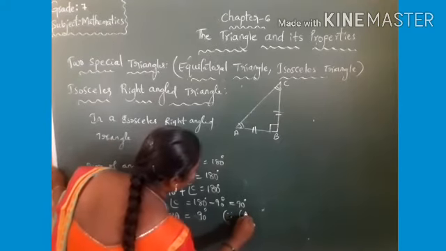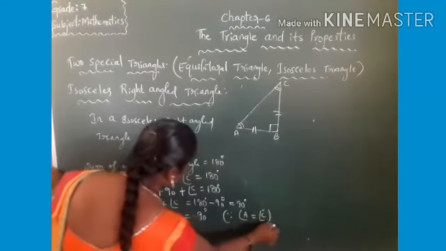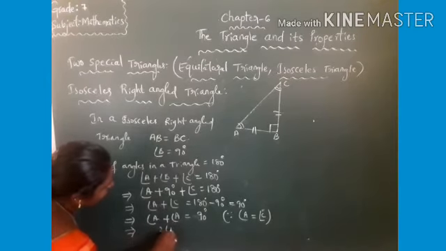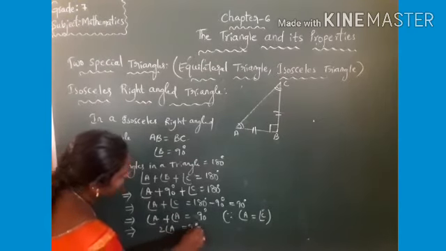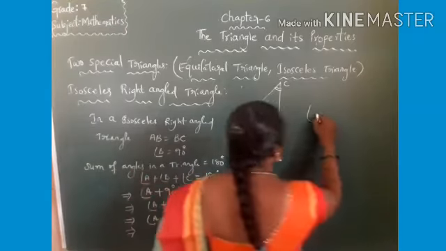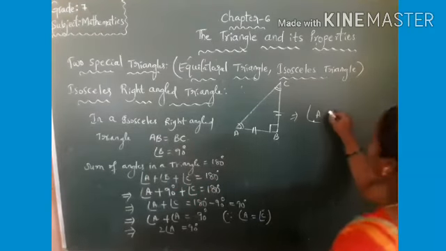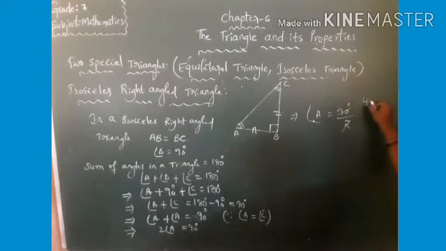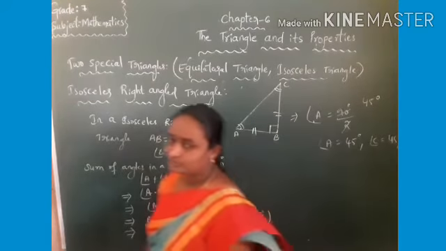Now 2 angle A is equal to 90 degrees. So angle A is 90 degrees by 2, that is 45 degrees. Angle A is 45 degrees. Angle C is also 45 degrees. Angle B is given, that is 90 degrees.